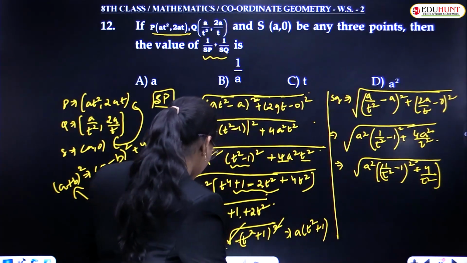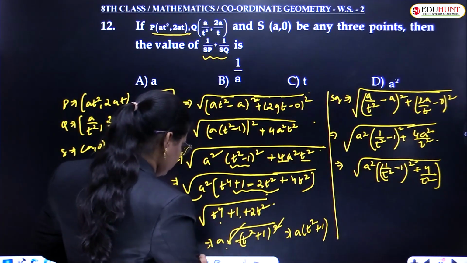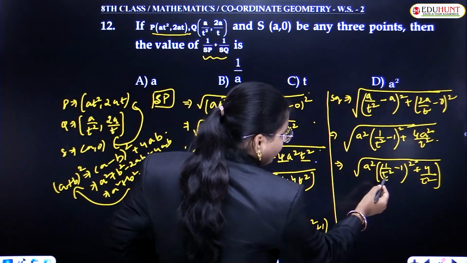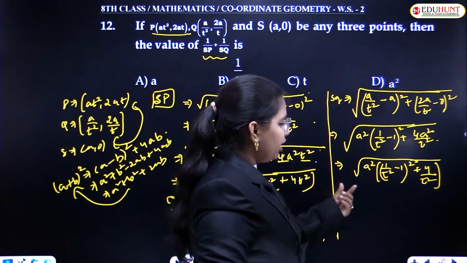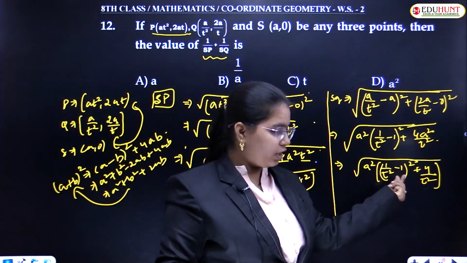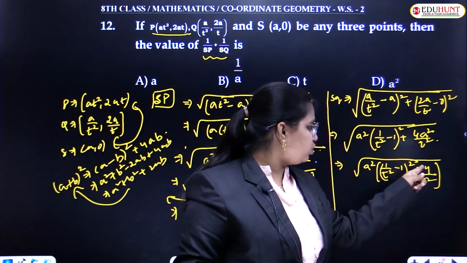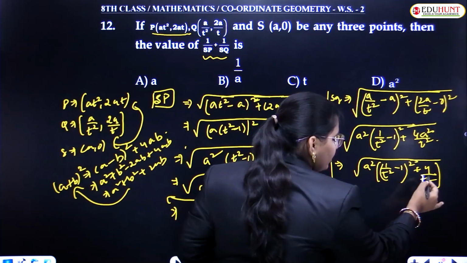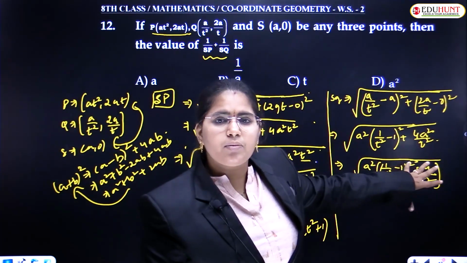Now please observe the step. (a minus b) whole square plus 4ab, right? In the place of a I am having 1 by t square, in the place of b I am having 1. (a minus b) whole square plus 4 into 1 by t square into 1. So this is in the form of (a minus b) whole square plus 4ab.